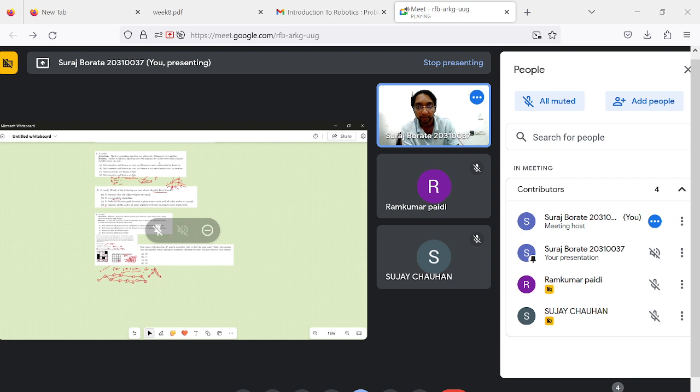Let's assume that the h of x value for node A is 4, node B is 2, node C is 3, and node D is 1. Now, this h of x value in your question is the actual value, the actual distance remaining to the goal. But h of x is a heuristic.